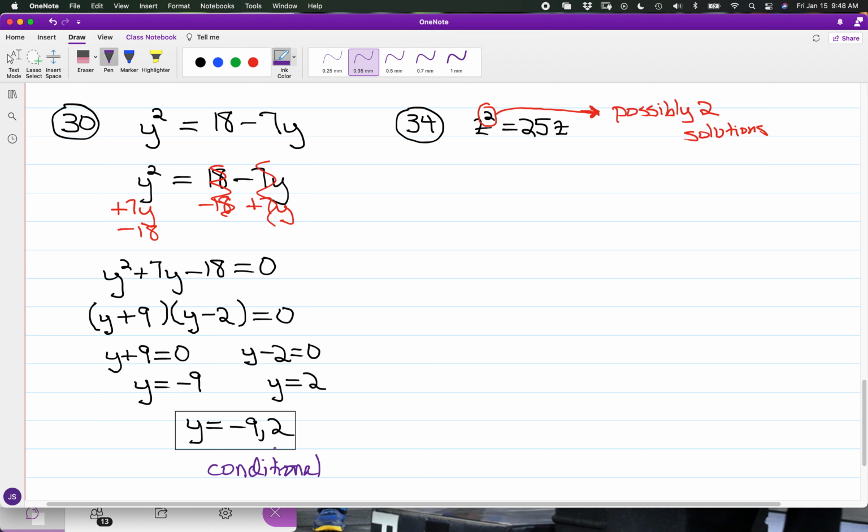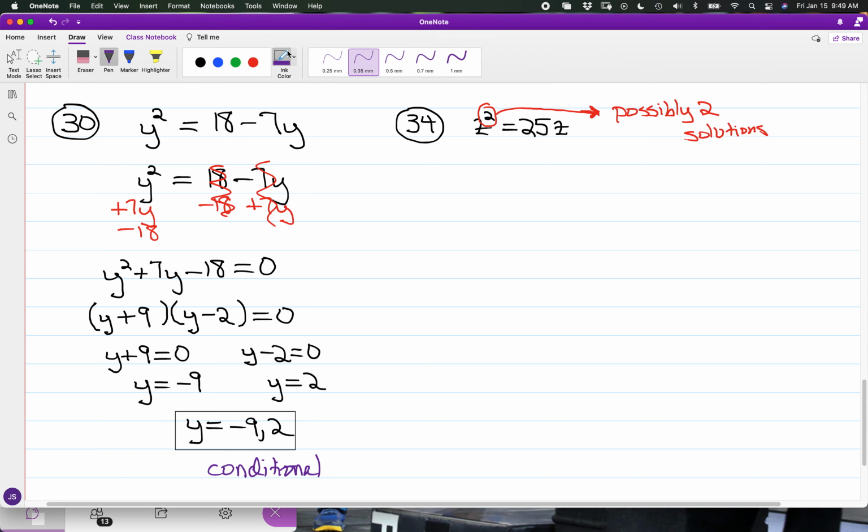In other words, if it has a limited number of solutions, it's going to be a conditional. If it turns out that the solution is all real numbers, it's going to be an identity. And if there is no solution, like you can't get both sides to work out and be equal to each other, it's going to be a contradiction. So everything that we have from here on out is going to be variations of conditionals. This equation is going to be true on the condition that y has to be either negative 9 or positive 2.